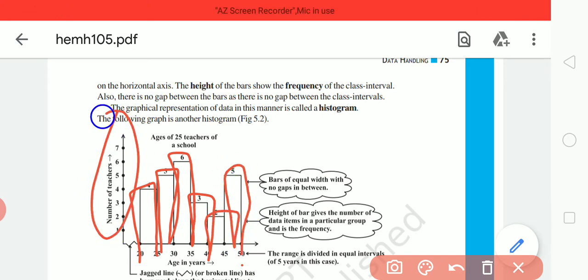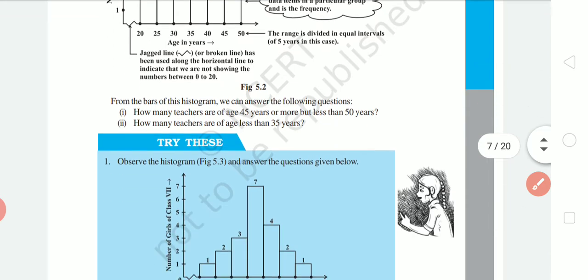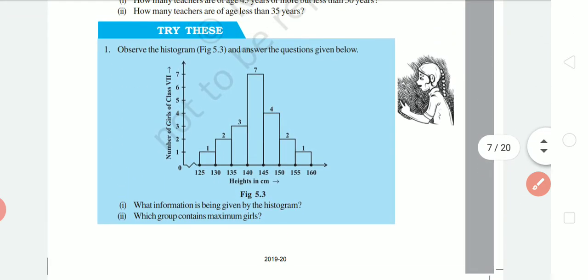Same scale you can take by your own. Scale is of your choice. You can take your suitable scale. You can take 2 or 5 or 10 that you find convenient for you, right?